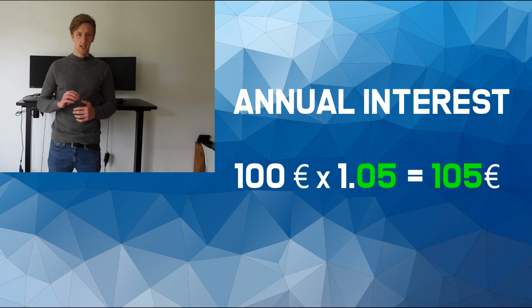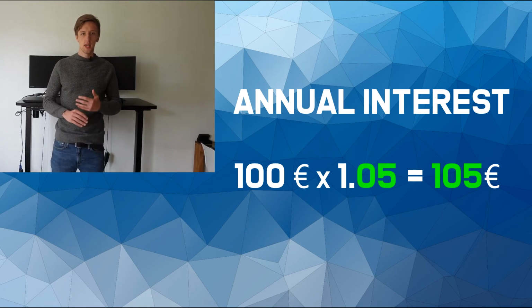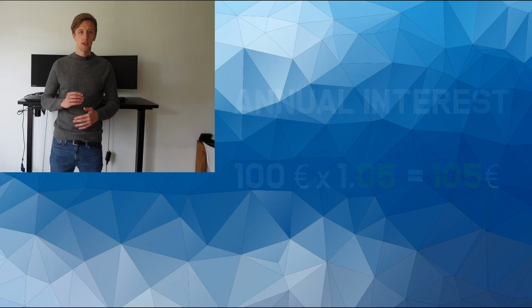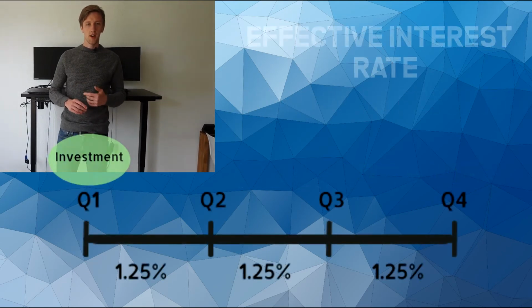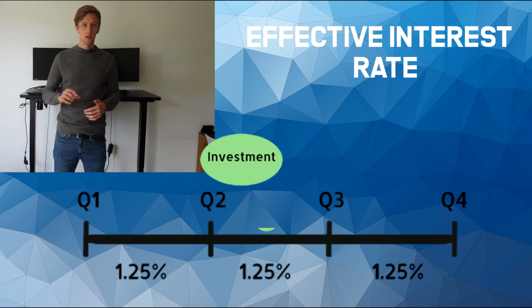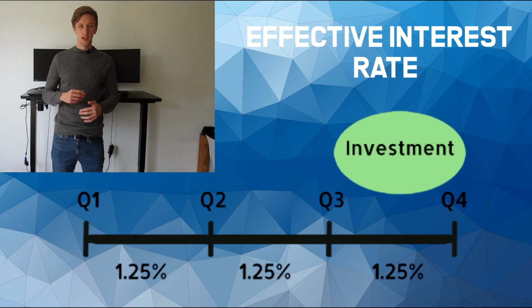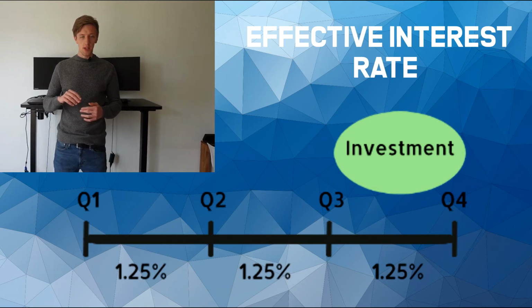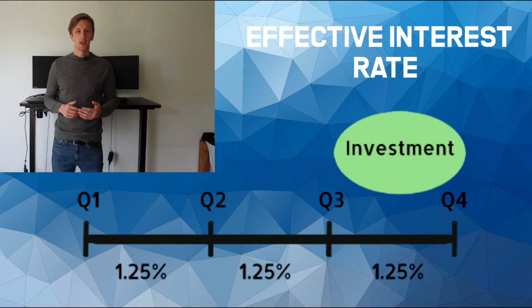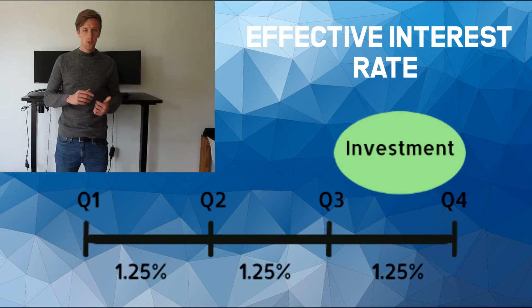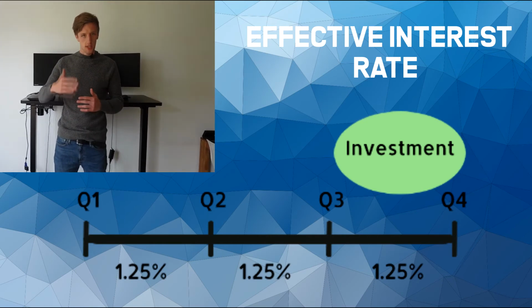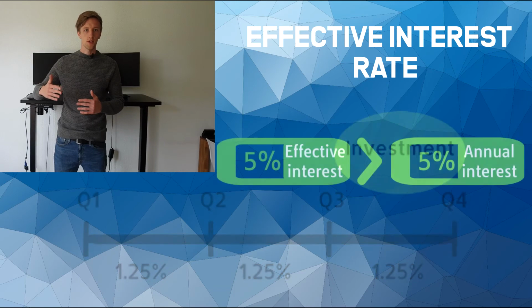Let's take a look at an example where in our previous case we received 5% annually, so our 5 euros, and let's see how it will develop if we receive our interest payments quarterly, so once in 3 months. This number should be slightly higher than the annual interest payment because you can let your interest from the first quarter work for you in the second, third and fourth quarters.